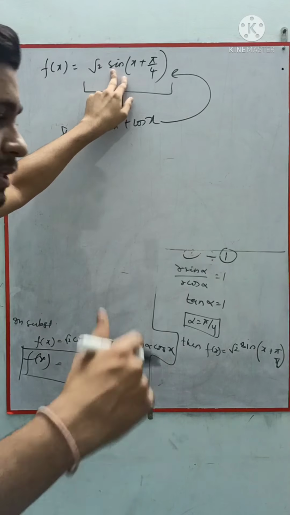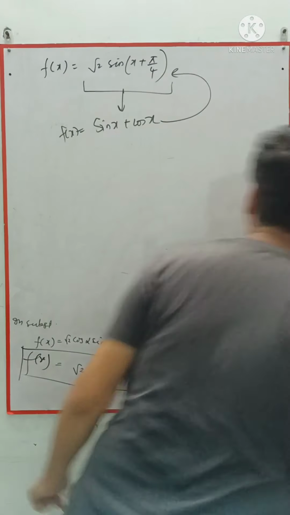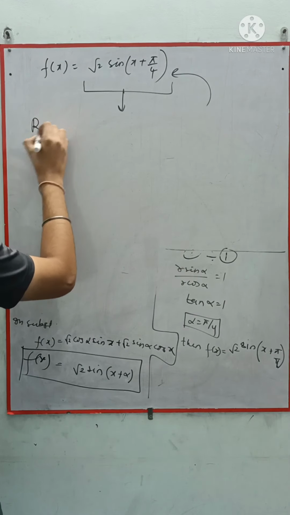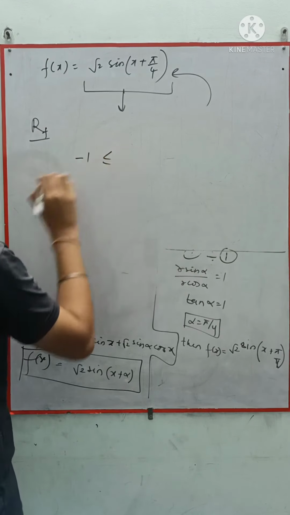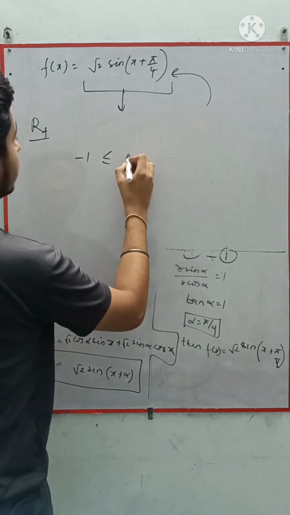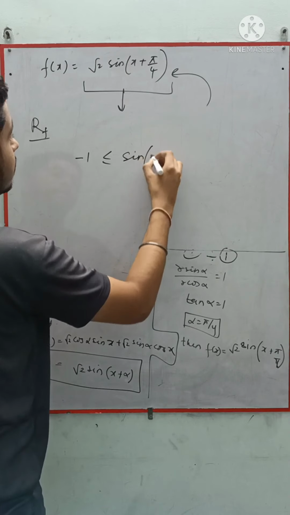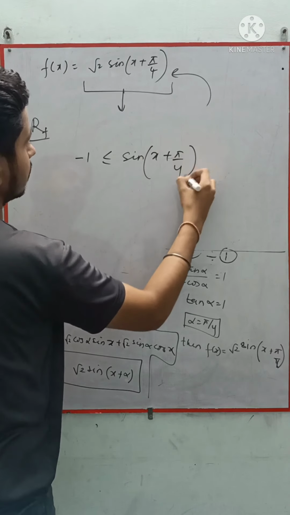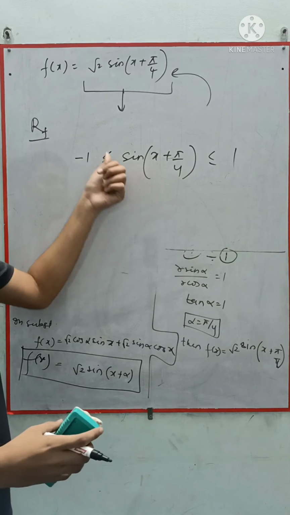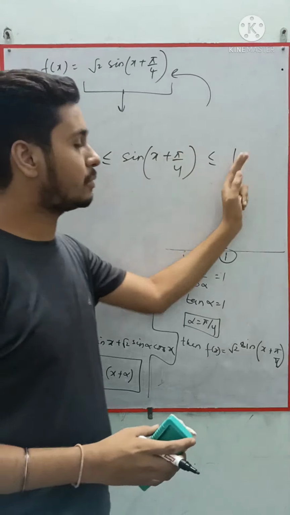Now we know what is the range of sin x. What is that? Minus 1 to 1. So sin x will be greater than or equal to minus 1 but less than or equal to 1.